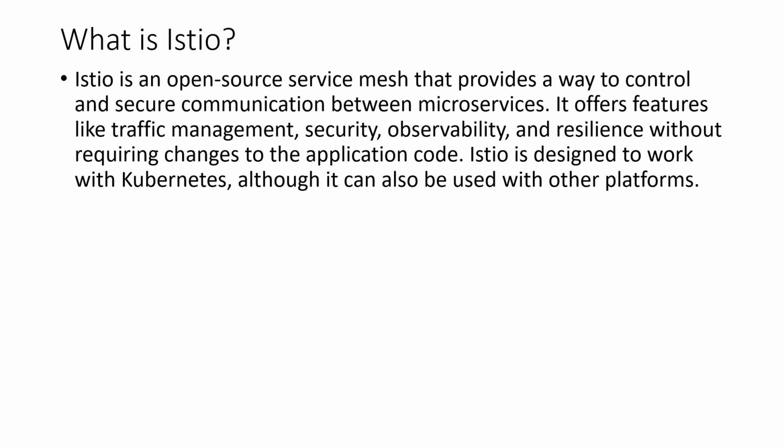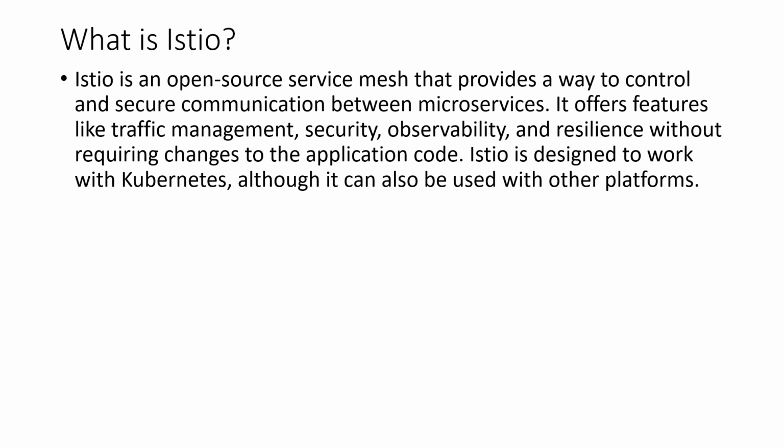Okay, so we'll understand now what is Istio. Istio is an open source service mesh that provides a way to control and secure communication between microservices. As we know, we require a service mesh to communicate within the microservices without any extra hard coding from the developer.